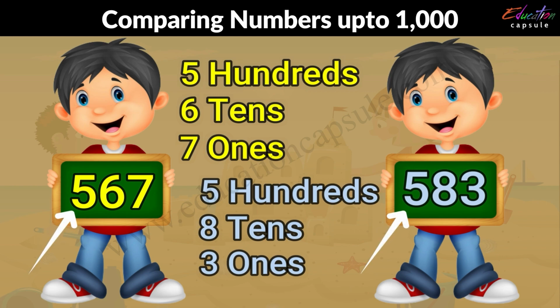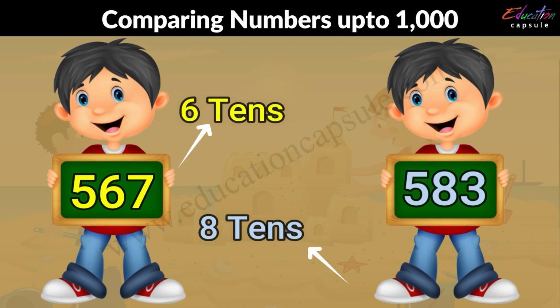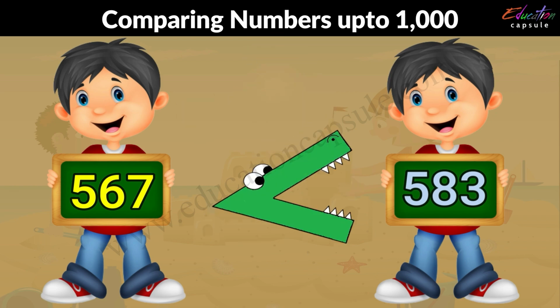Now, 567 and 583 have 5 hundreds each, so we will look at the tens digits now. 567 has 6 tens and 583 has 8 tens. So, 567 is smaller than 583 as 6 is smaller than 8.